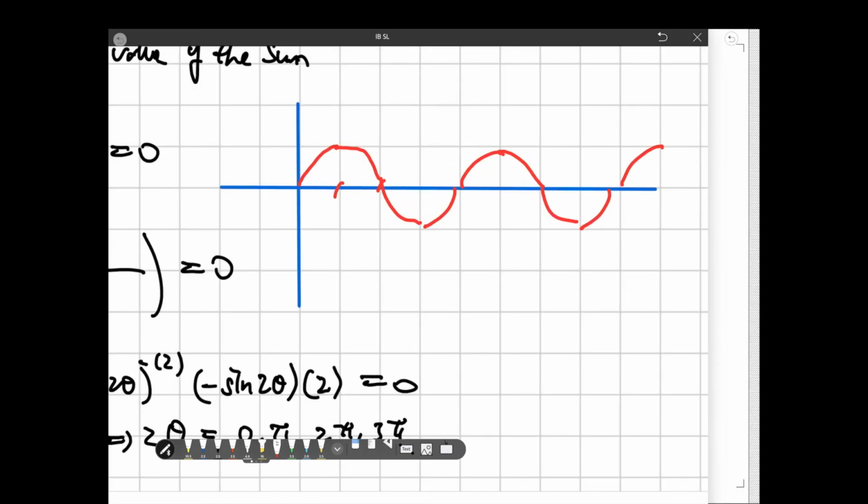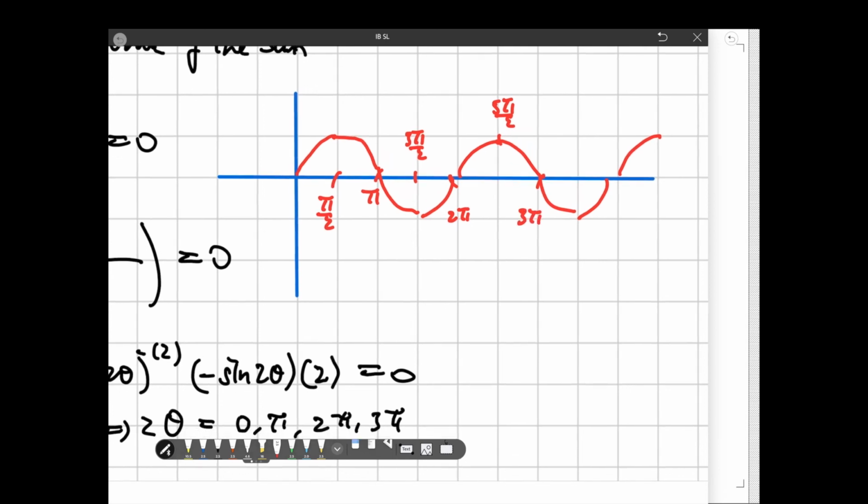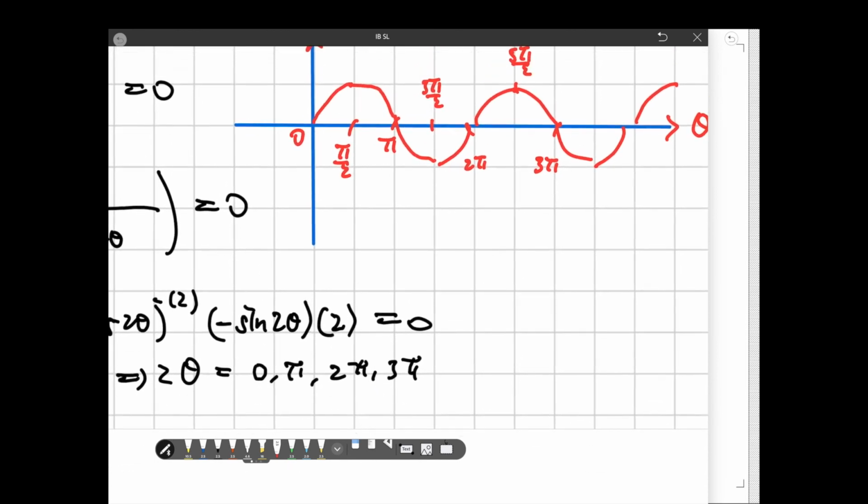Then this is pi over 2, pi, that is 2 pi, that is 5 pi over 2, that is 3 pi, right? So that is where sine 2 theta is 0.